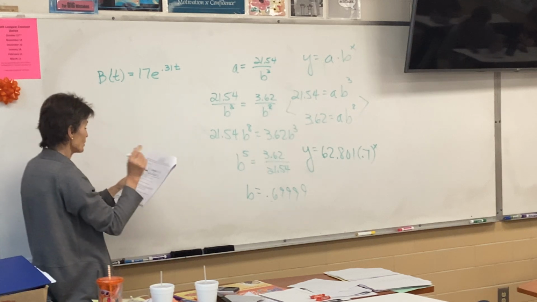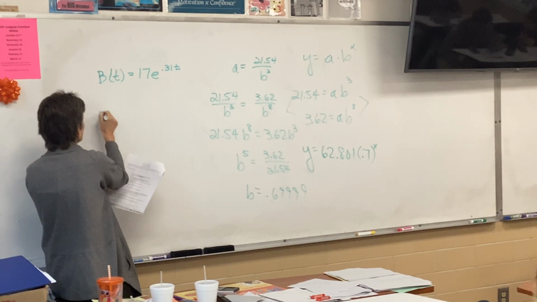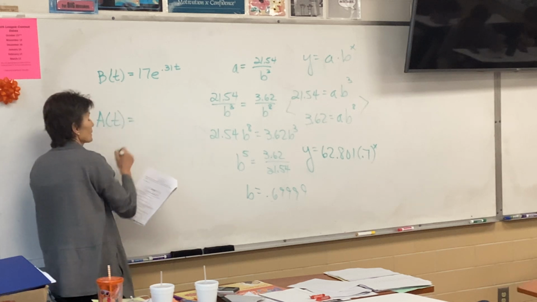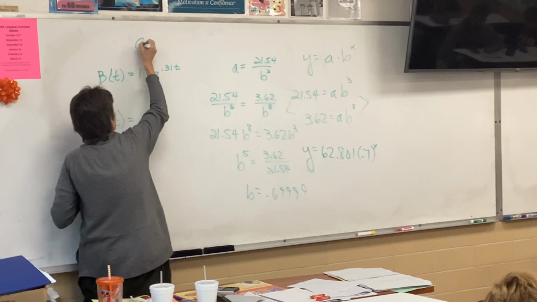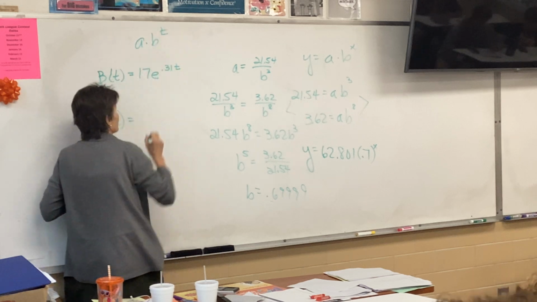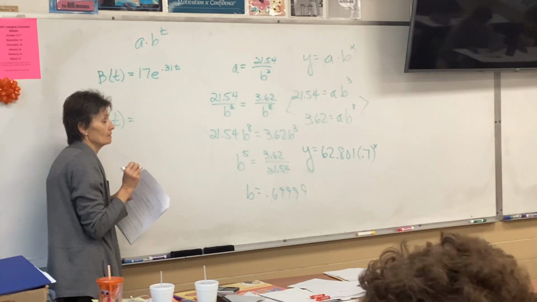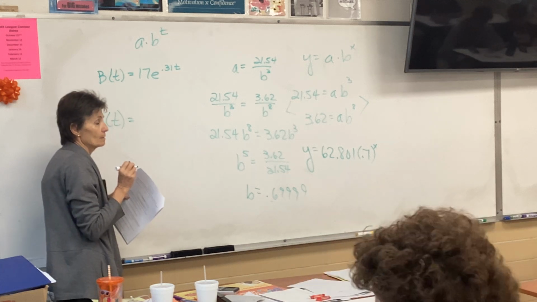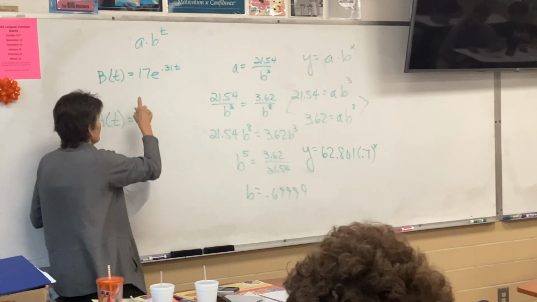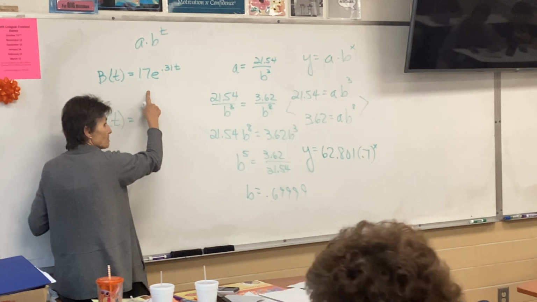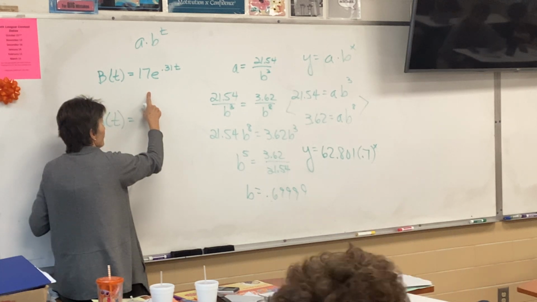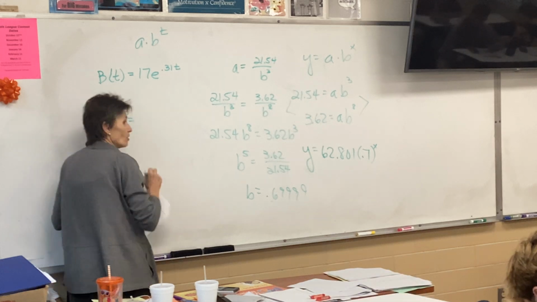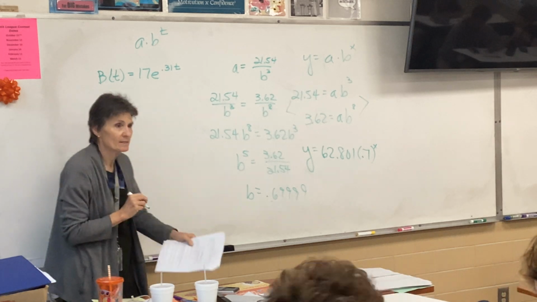All right, so question A says, write a new function of the form A times B to the T. So this is not A times B to the T. Any thoughts on how we could get A times B to the T?